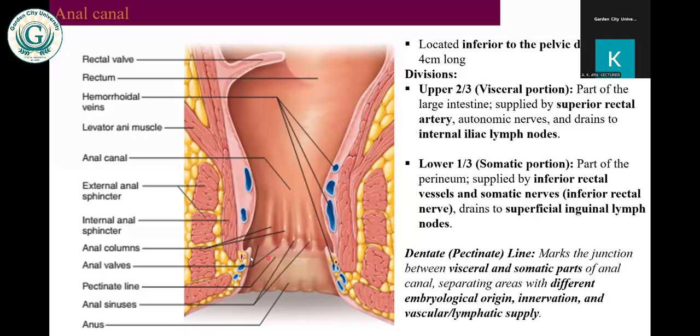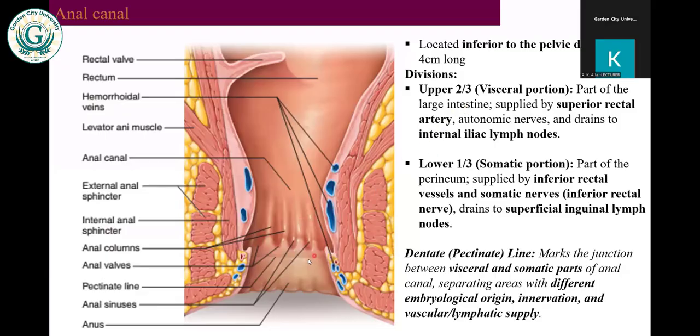So there is this line here that we use embryologically to mark the junction between the endoderm and the ectoderm. Technically, if you are looking at the large intestine, it will end here, because this part is actually part of the large intestine.